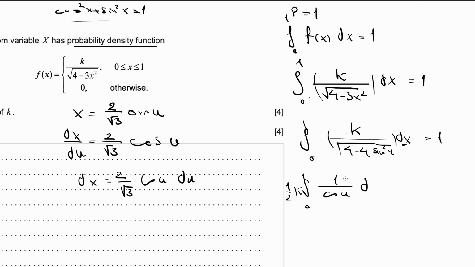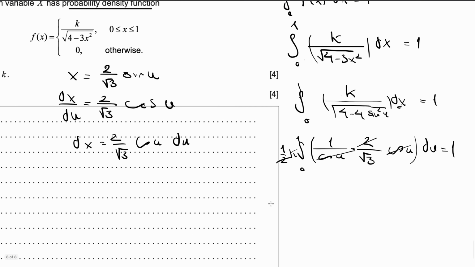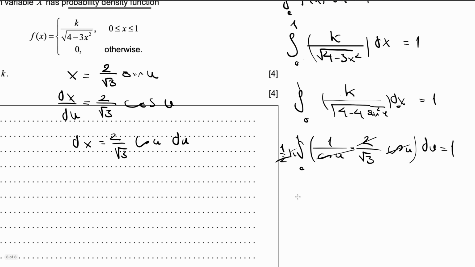Let me erase this. Alright, so 2 over radical 3 cosine of u du equal to 1. Right, and so the cosine of u's will cancel out. The 2 will also cancel out with this 1 over 2.